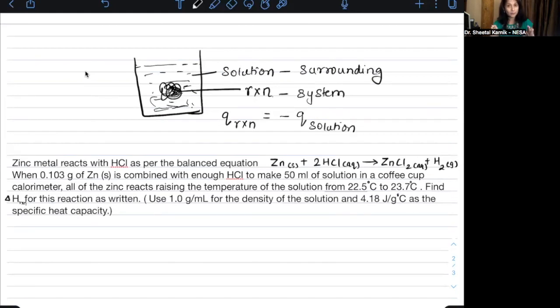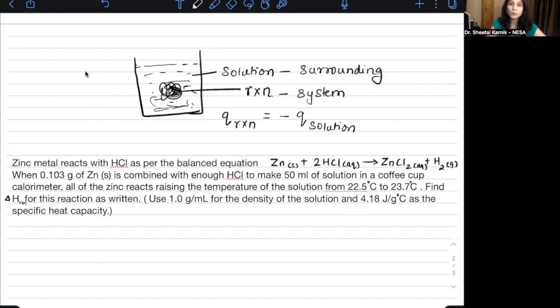So now keeping this in mind, let's look into a question for coffee cup calorimeter. Here it says that a zinc metal reacts with HCl as per the balanced equation. So this equation that is given to you, that is the chemical reaction. That is the system.